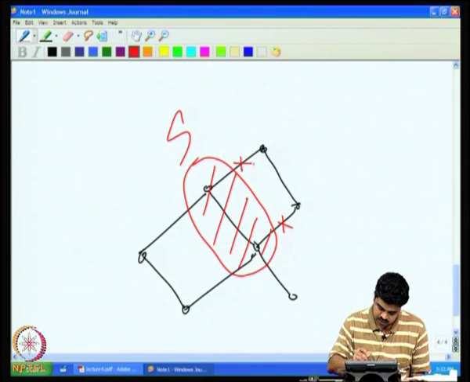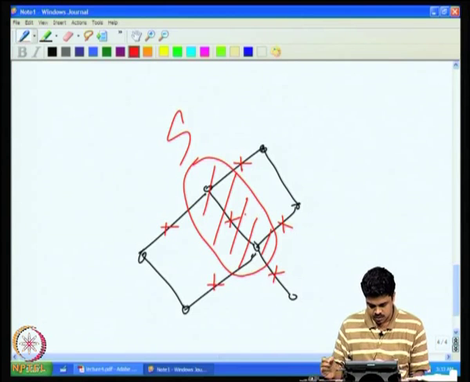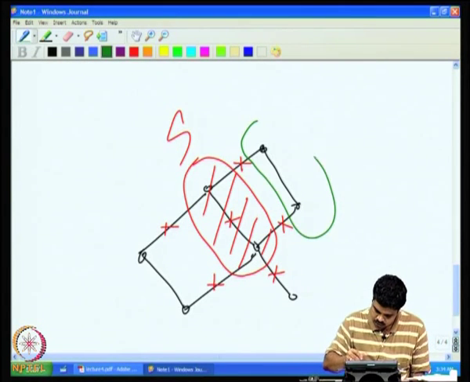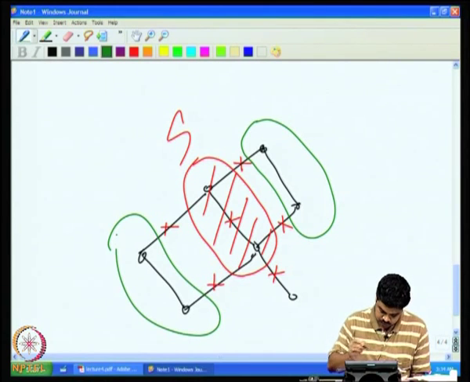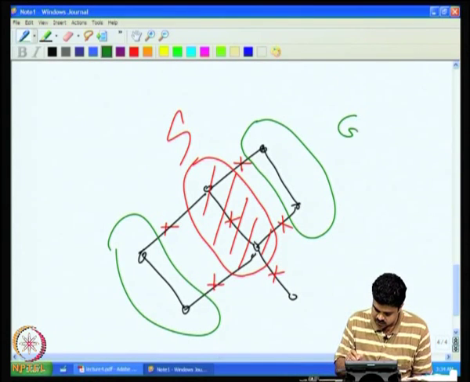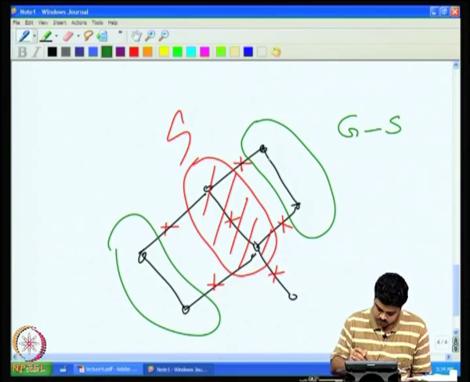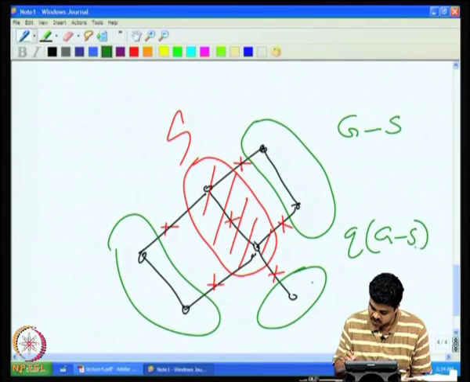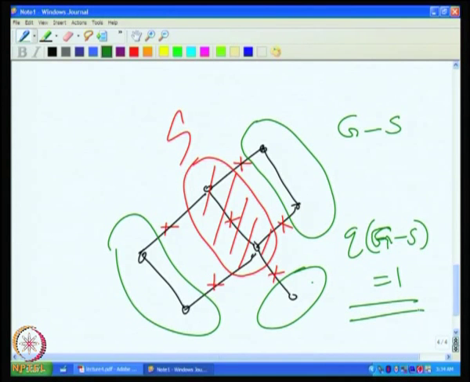This edge will go away, this edge will go away, this will go away, this will go away, and this also will go away. What we get, the remaining thing, is this one and this one. So, this is G minus S. This is one even component, this is another even component, but this is an odd component. So here Q of G minus S is in fact 1. This is what the number of odd components means.